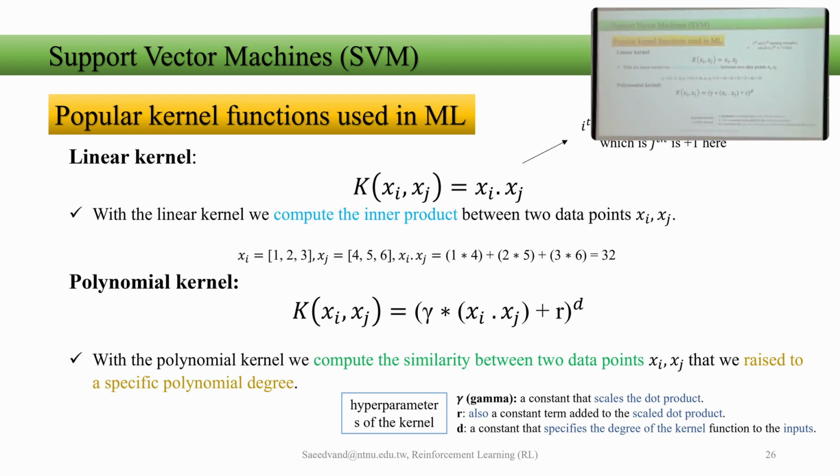But of course we need to add some hyperparameters also, not only that d. So these hyperparameters include the gamma. Gamma is a constant that scales this dot product. This dot product can be scaled based on gamma. Also, we have the R, which is also a constant that we added to adjust the scale that we have. And d again is another hyperparameter that shows the degree of the kernel that we have.